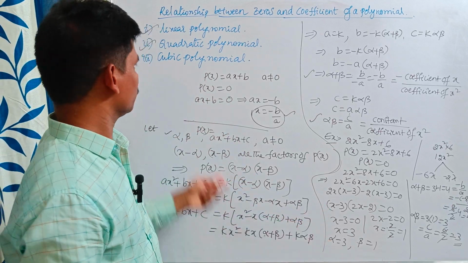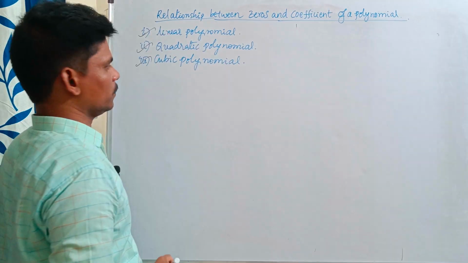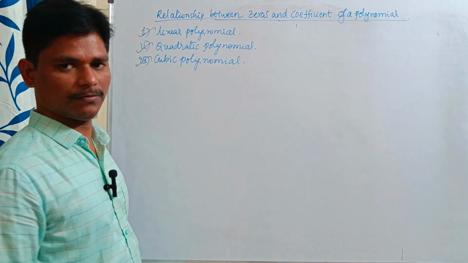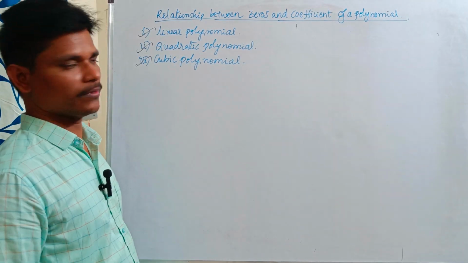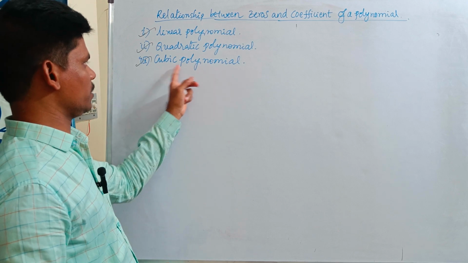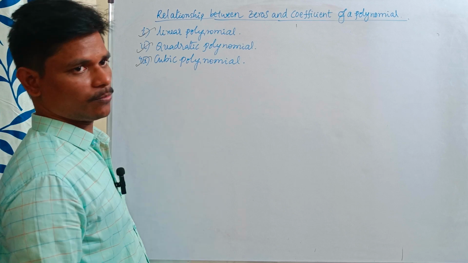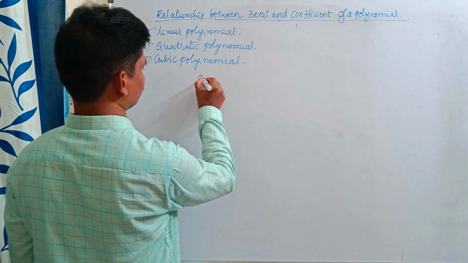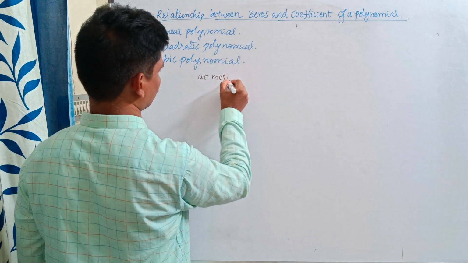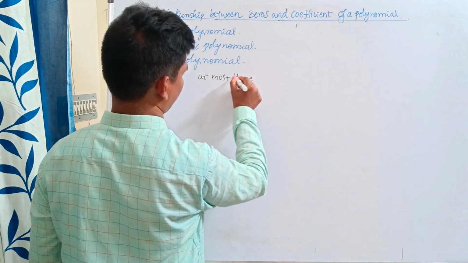Okay, next, cubic polynomial. What is a cubic polynomial? A polynomial having degree 3 is called a cubic polynomial. So a cubic polynomial has at most 3 zeros.